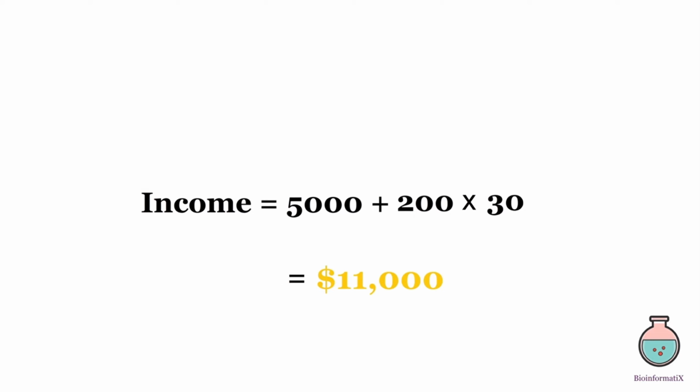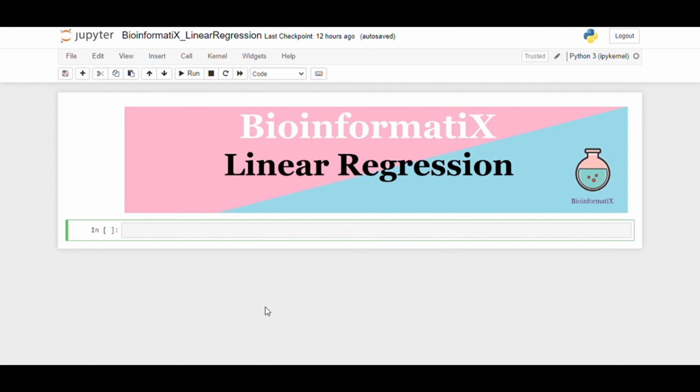Now let's implement a simple linear regression example in Python using NumPy and scikit-learn libraries. Firstly, we import the necessary libraries including NumPy for numerical operations, matplotlib for plotting, and linear regression from scikit-learn for linear regression modeling.